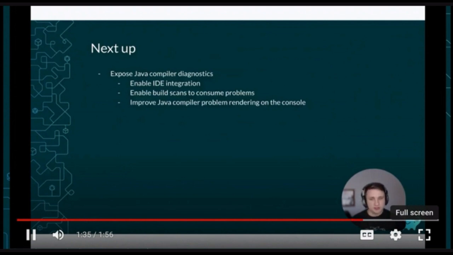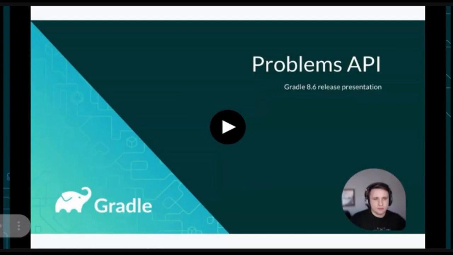As a follow-up project, we are working on adding integration with Java compiler warnings and more. We want to have those reports to enable better IDE integration, to enable build scans to consume and render compiler warnings on the dashboard, and to use the reports to improve the compilation messages on the console. That's all. Thank you.